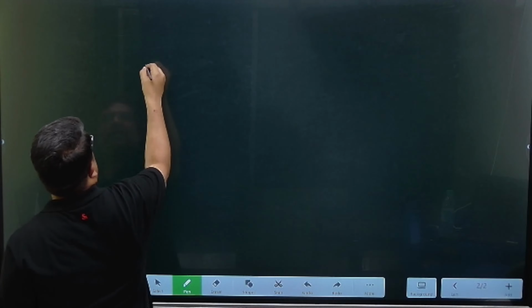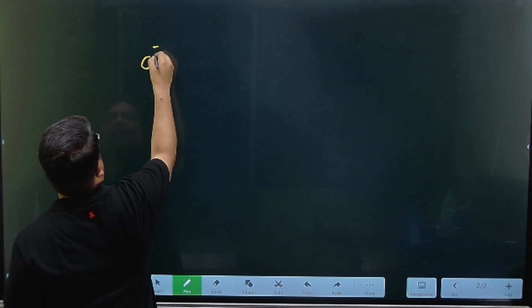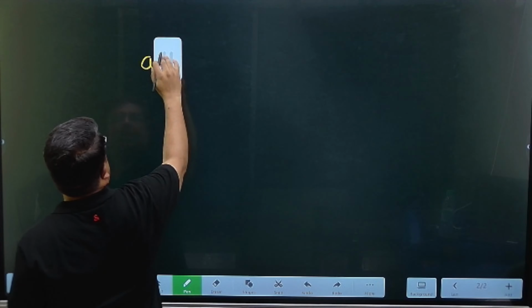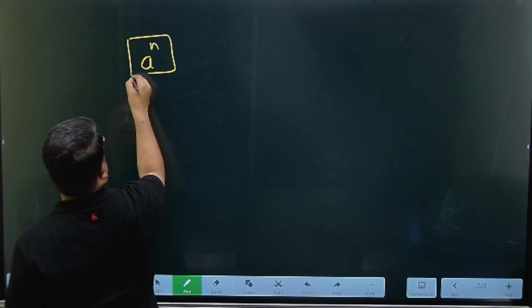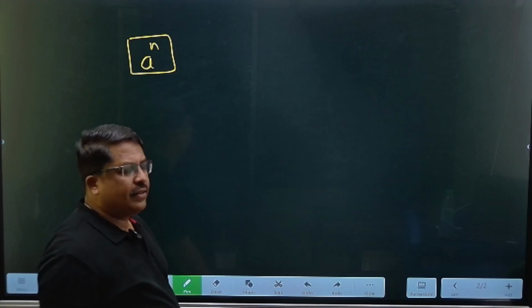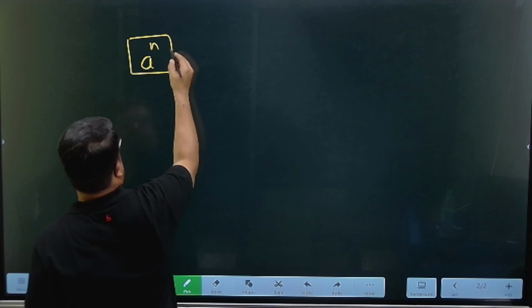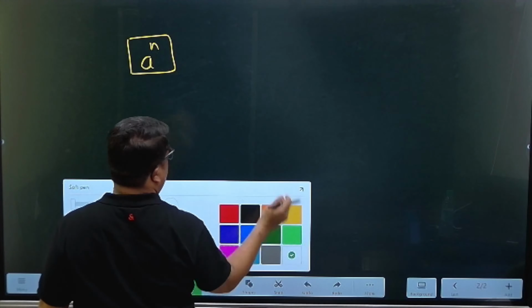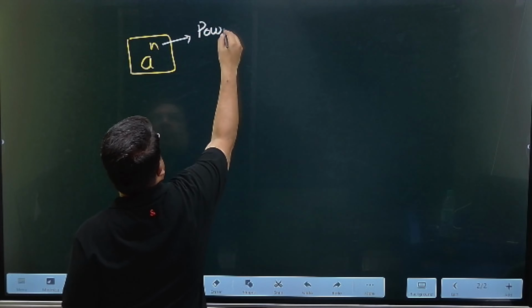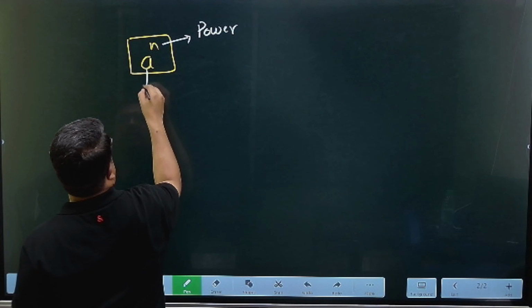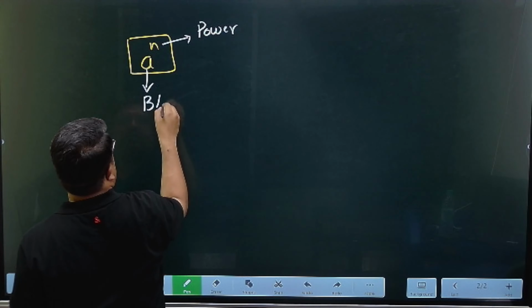So here, students, if I write a to the power of n, this is an index. n is the power here. This is called power, and this is called base.